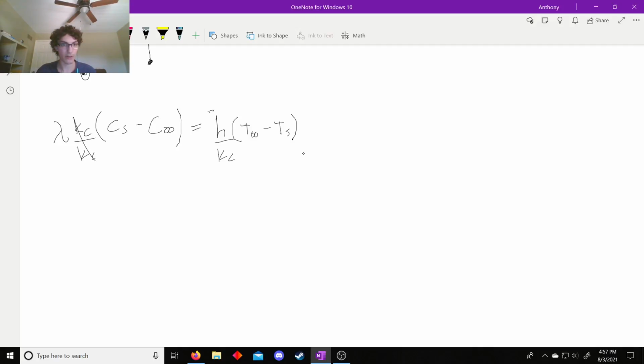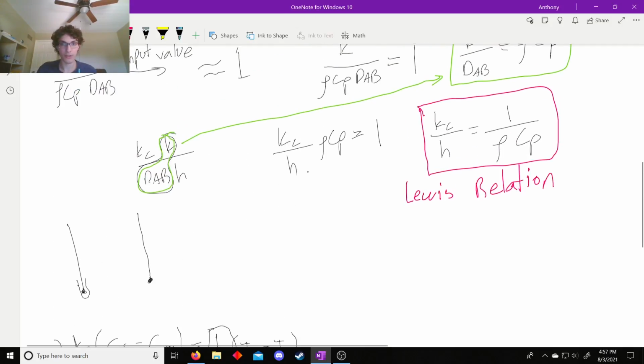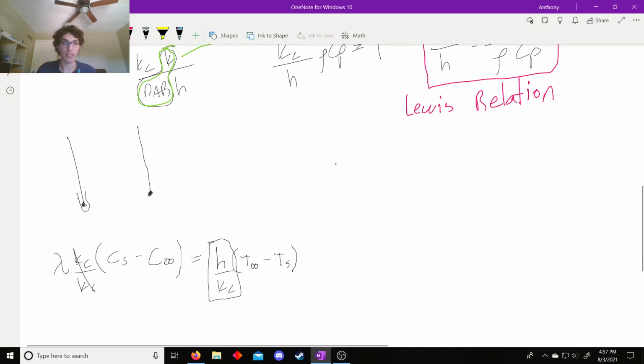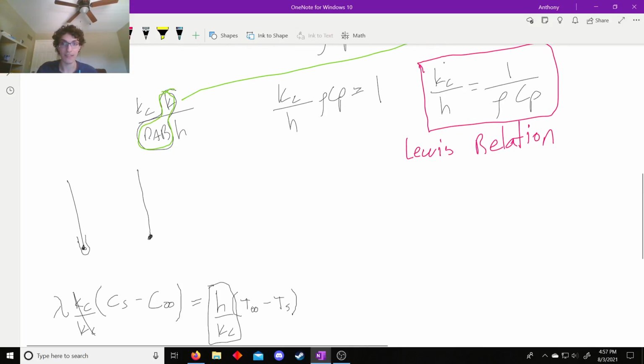Now this right here, if you remember from the last video, we actually wrote that the ratio of the heat and mass transfer coefficients is actually the volumetric heat capacity. So we can replace this ratio right here with just the volumetric heat capacity. And since this is the inverse, we would use the inverse of this.